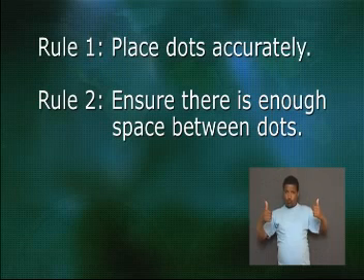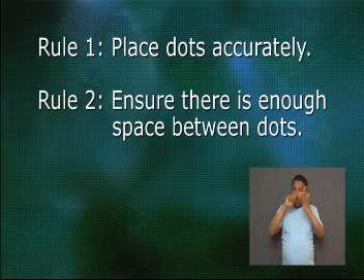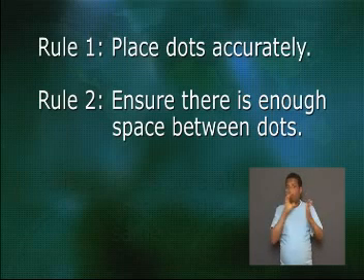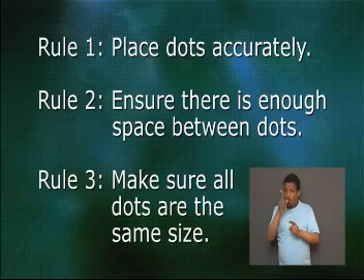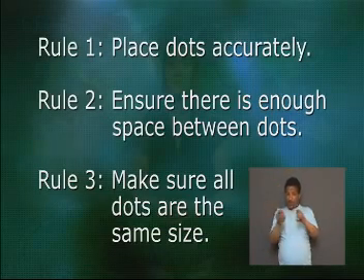If dots are clustered too close together, the values will not be clear. You must also make sure that all of the dots on the map are the same size. If you are careful, you should be able to produce a dot map that will present clear quantitative data.